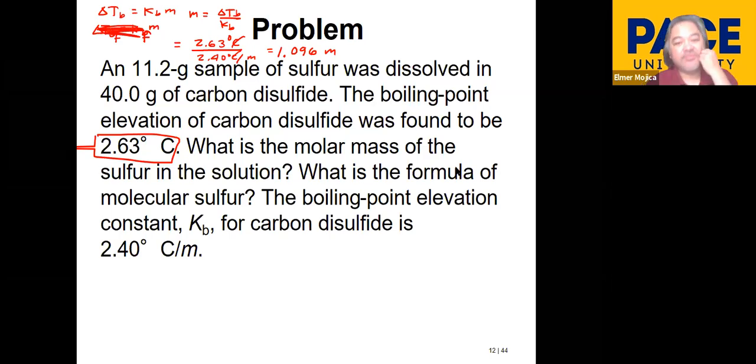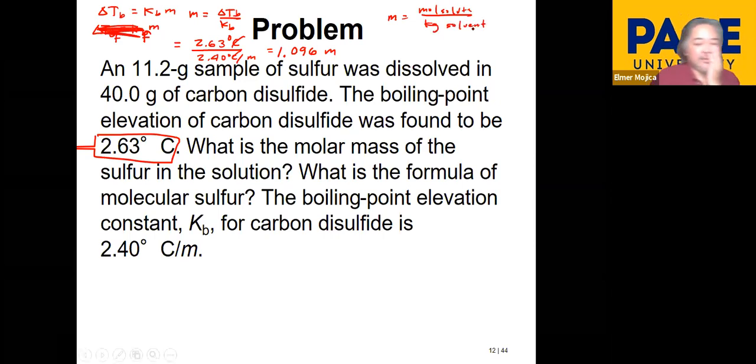Now, the next thing that we're going to be asking here: we have the molality now. We know molality as moles solute over kilogram solvent. So what else do we have here? We can break this down into mass over molar mass.